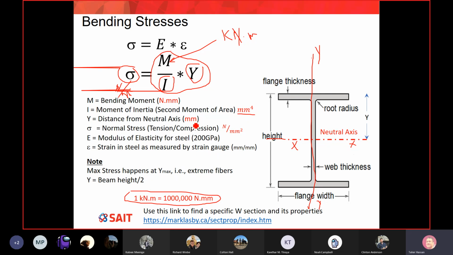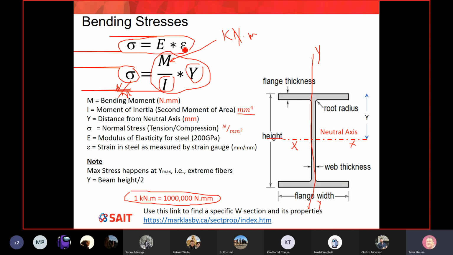So the last thing is, we can estimate the sigma based on the moment divided by the moment of inertia, multiplied by y. But don't forget, do you guys remember this equation from our class on tension and compression? Sigma, the stress, is equal to E, the modulus of elasticity, multiplied by the strain.